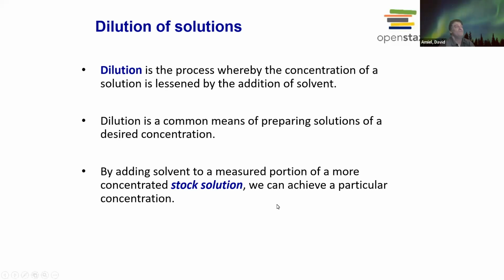Okay, so let's talk about how chemistry is done in a lab. In many different experiments, using solutions, mixing things together, chemists need a variety of concentrations. So one experiment, one procedure might call for using 2 molar. Another procedure might call for using 5 molar.